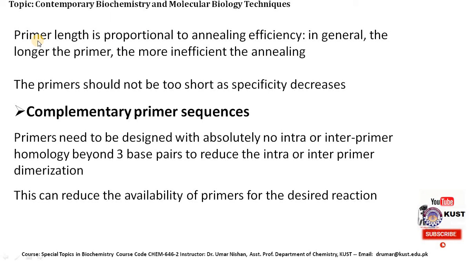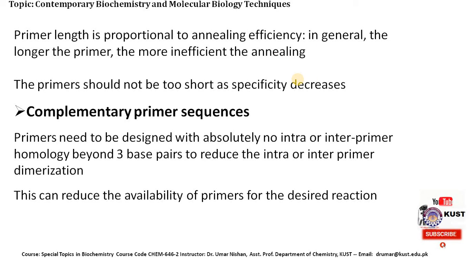Like it's just saying, primer length is proportional to annealing efficiency. In general, the longer the primer, the more inefficient the annealing. Now, annealing is very important, as you have seen before, because the DNA polymerase can only recruit the free nucleotides if the primer is already annealed.